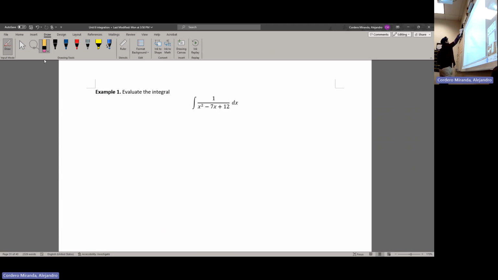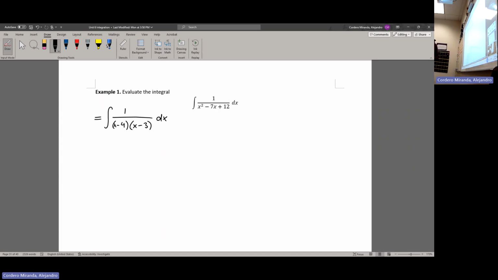So here's how it goes. Factor the bottom of that fraction, and it looks like two numbers that multiply to 12 and add to negative 7: negative 4 and negative 3. So x minus 4, x minus 3, dx.